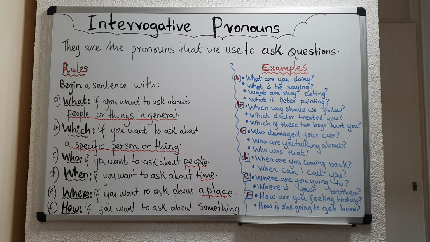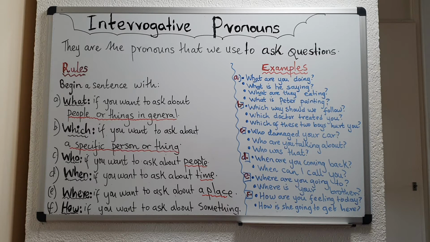Okay? So, in other words, in all those 4 sentences, you're asking about people and you're asking about the things they're actually doing. So, what are you doing? You are referring to a person and you want to know what he is doing. Then the next one, what is he saying? You want to ask about someone, he, that pronoun he, and you want to know what he is saying.